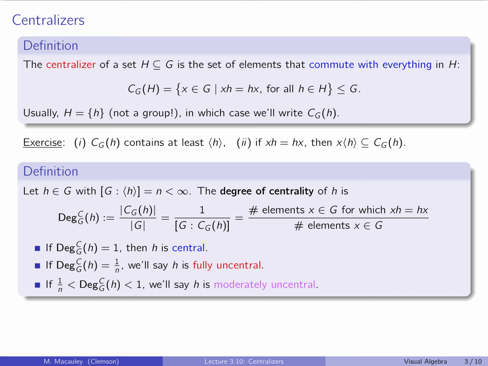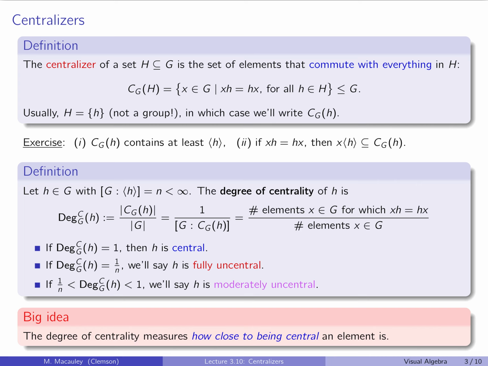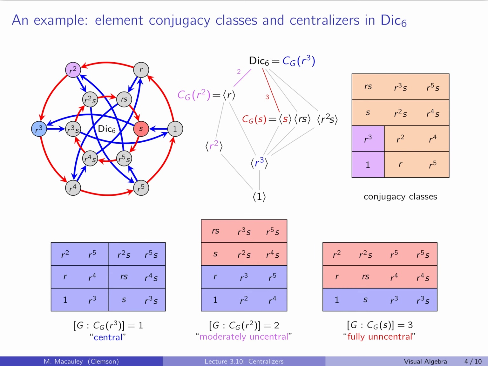In this case, we say that H is fully uncentral. It commutes only with the things that it has to commute with, other powers of itself. And finally, if the degree of centrality is strictly between 1 over n and 1, we'll say that H is moderately uncentral. The big idea here is that the degree of centrality measures how close to being central an element is. Let's do an example.